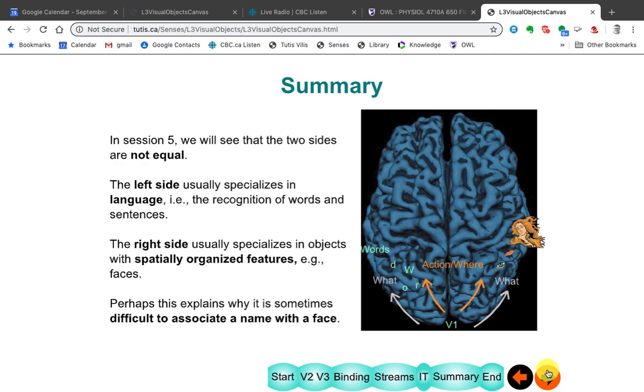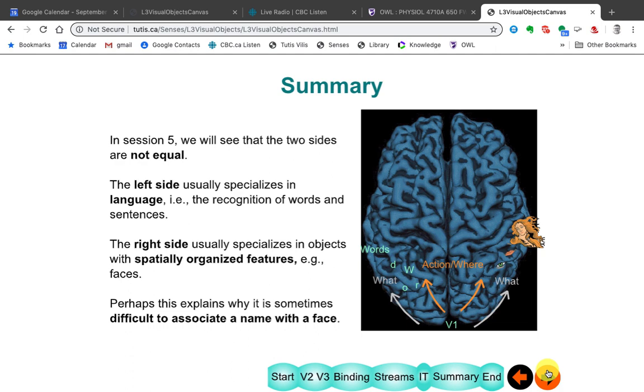Now, in session 5, we'll see that the two sides of the brain aren't equal. The left side specializes in language, in most people: the recognition of words and sentences.